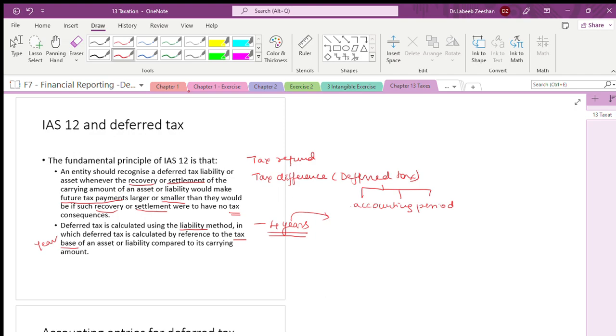Because of some reason, you have not assessed the taxes for some particular activities. Then you realize that yes, we have to pay tax. Then we make the adjustments and show it for a particular year. This concept is called deferred tax.